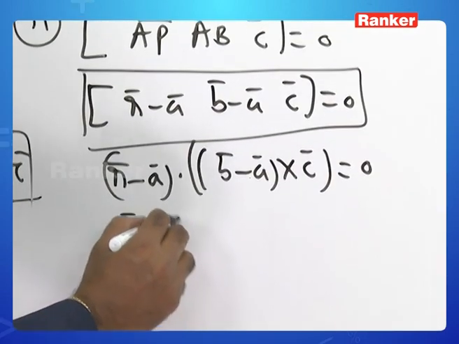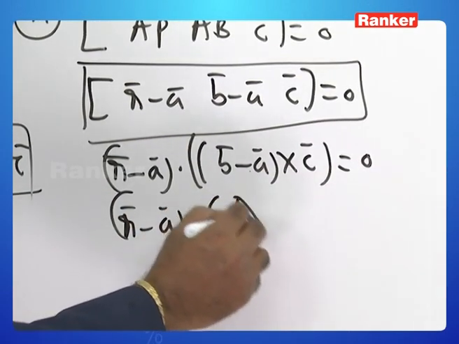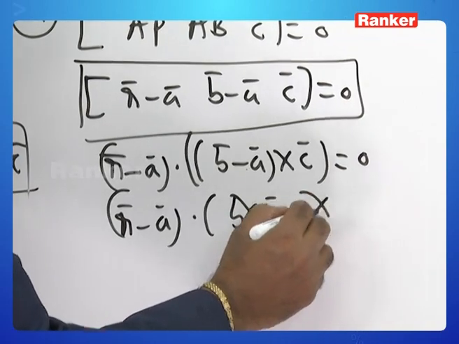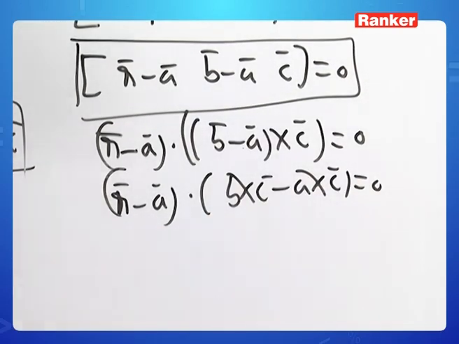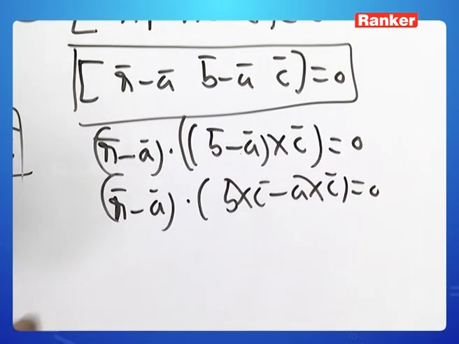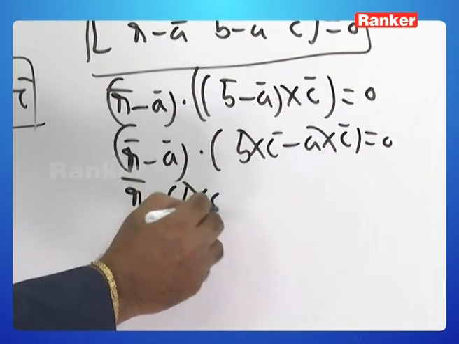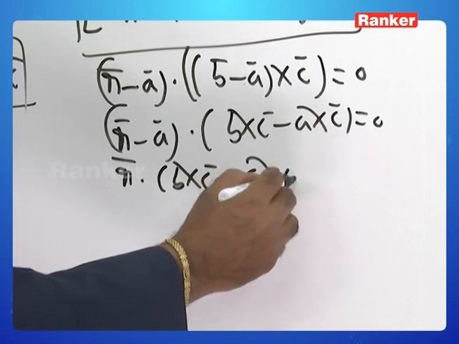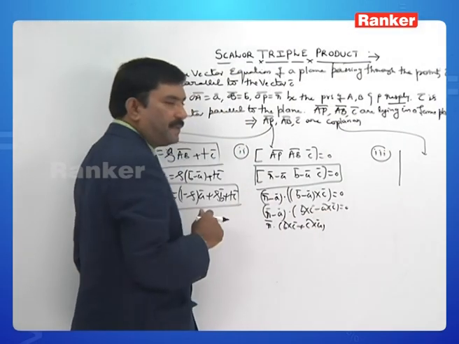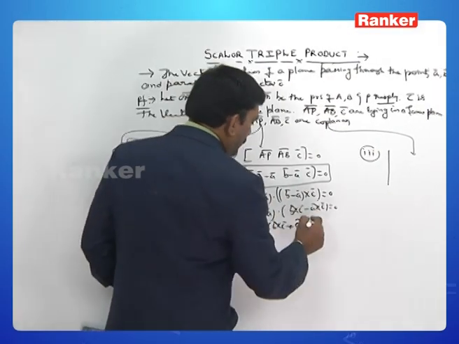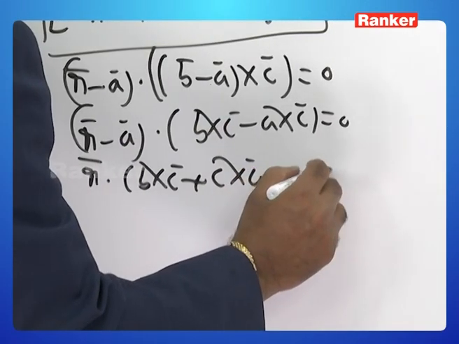Now R bar minus A bar dot of B cross C minus A cross C. Another one is R bar dot of B cross C plus C cross A, interchanging the cross product as C cross A, minus of minus comes plus.